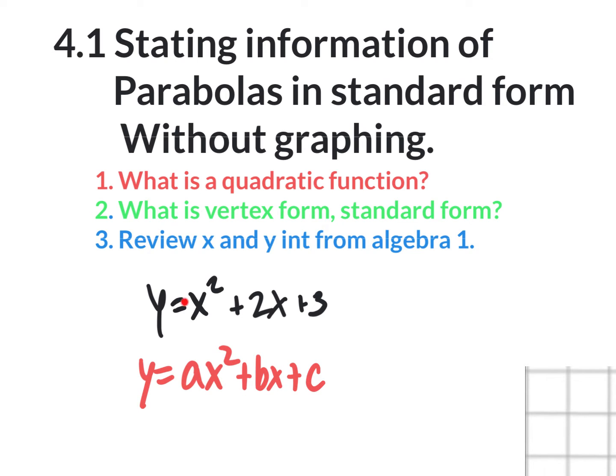And of course the a is 1 in this case, the b is 2 in this case, and the c is 3 in this case. So this is a form that we need to know, standard form. So standard form is y equals ax squared plus bx plus c, where your a, b, and c are just numbers.